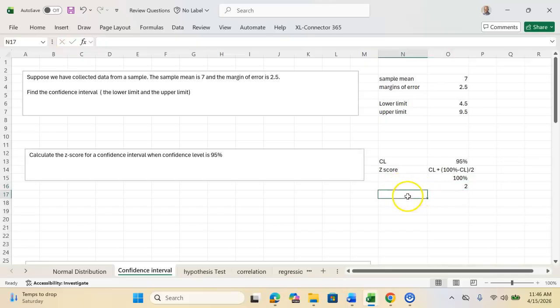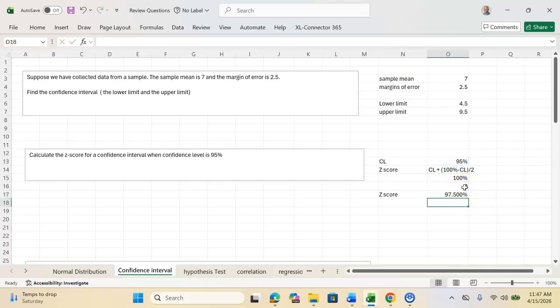Now for the z-score, we put an equal sign, which is the confidence level, that is 95, plus, in brackets first, 100%, I'm going to click 100%, minus the confidence level, which is 95, divided by 2.